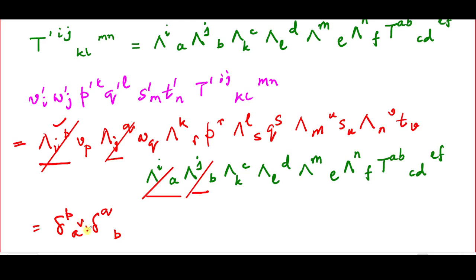Of course, you have VP, WQ. When you take this, lambda KR and lambda KC, again, this time you can think of either putting the lambda KC ahead of the lambda KR and then again see that it really gives you delta CR directly.